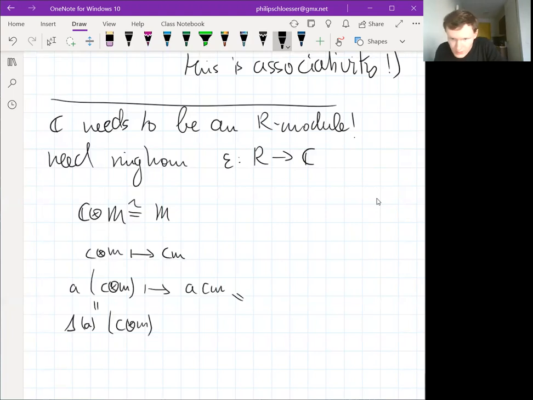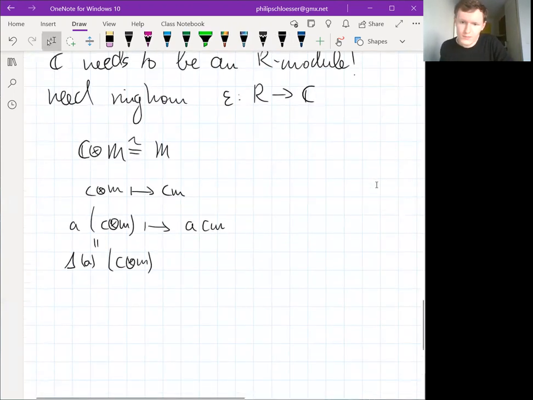And well, in any case, this gives us another few identities, another few rules, so to speak.